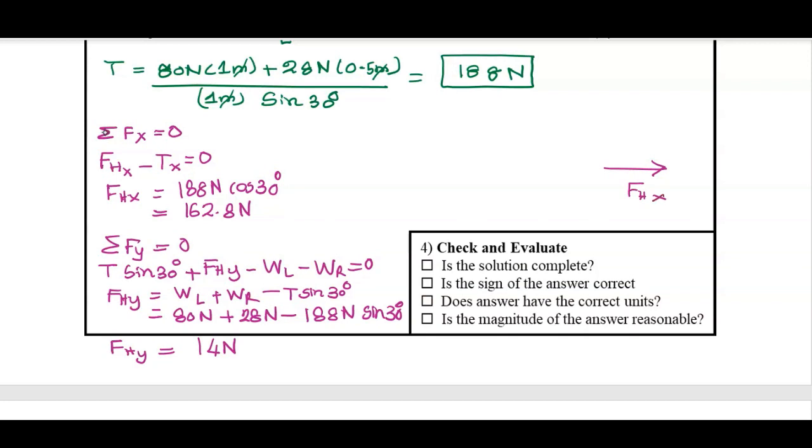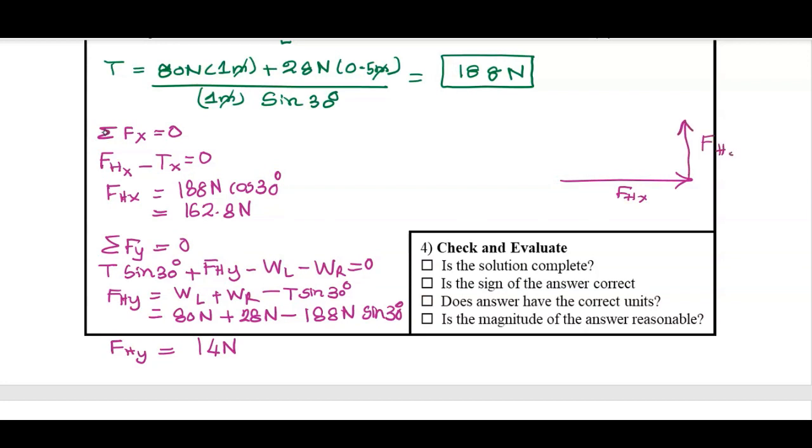All right, so now I have the x component of the hinge force acting to the right, y component of the hinge force acting up. So pay attention to the relative magnitudes of the forces. The x component is large when compared to the y component of the hinge force.